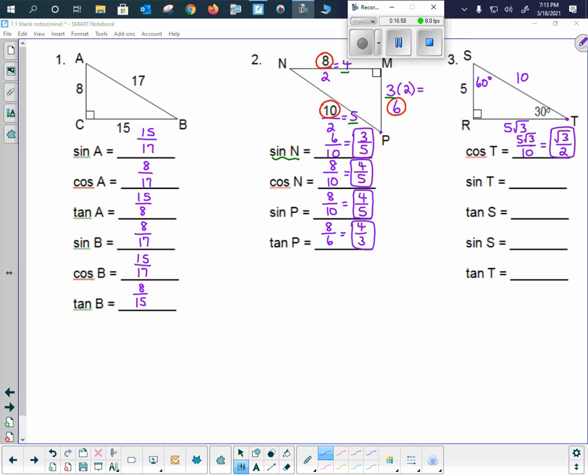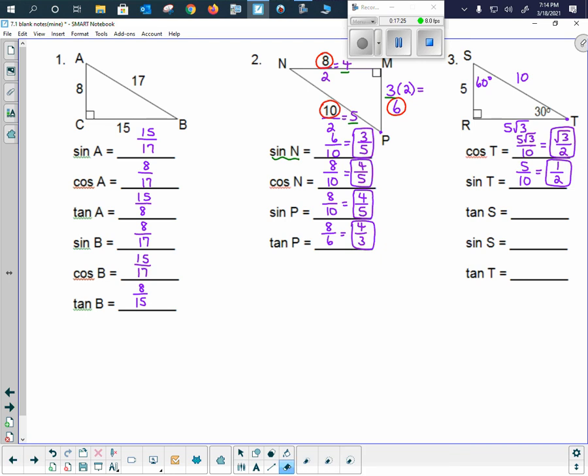Okay, let's go through it. Sine of t. Hopefully you were thinking opposite over hypotenuse. So 5 over 10 reduces to 1/2. Okay. There we go. Tangent of s. So notice you've changed where you're standing.